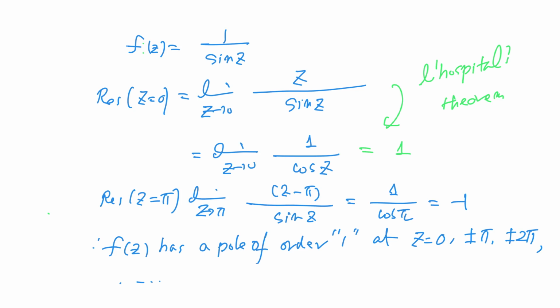So 1 or minus 1, depending on the location of the pole. If the location of the pole is an even multiple of pi, the residue is 1. On the other hand, if it is an odd multiple of pi, minus 1.